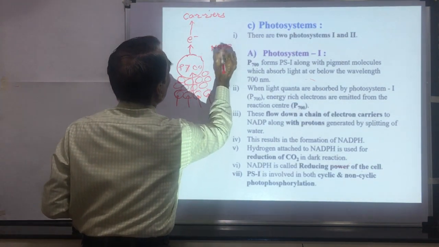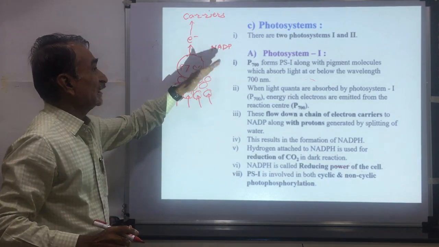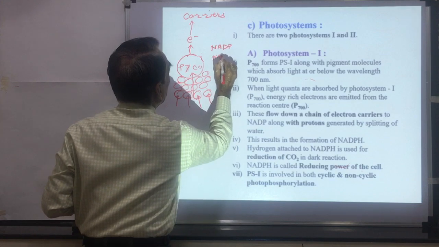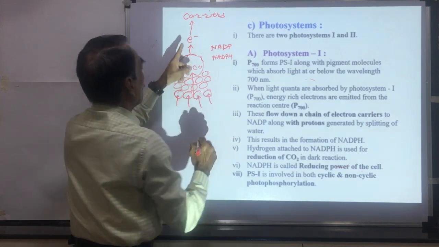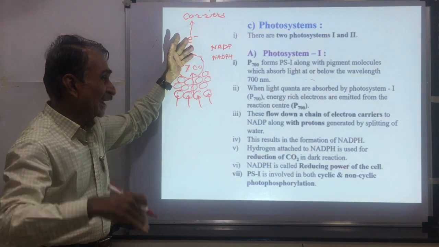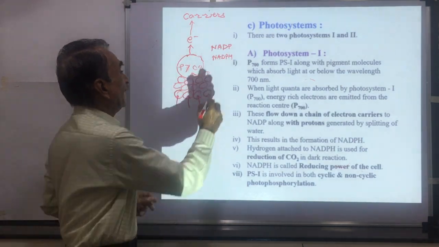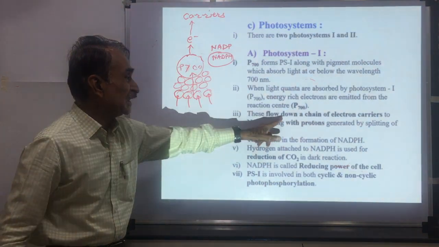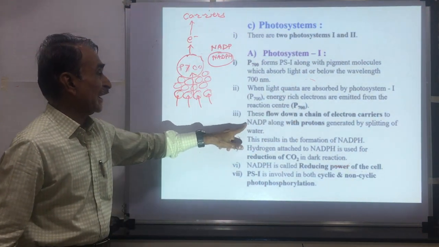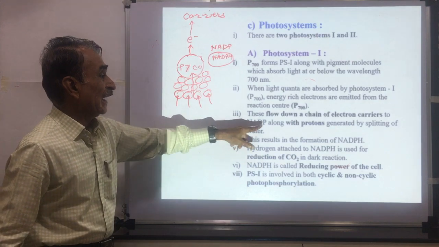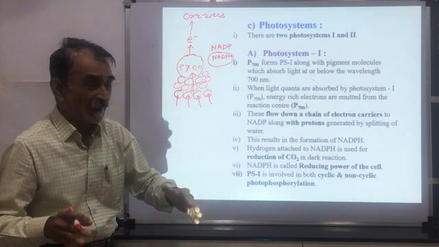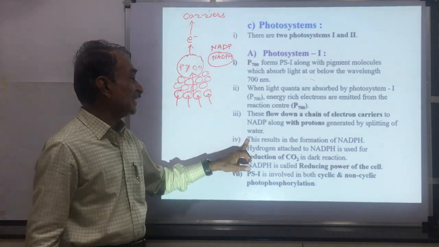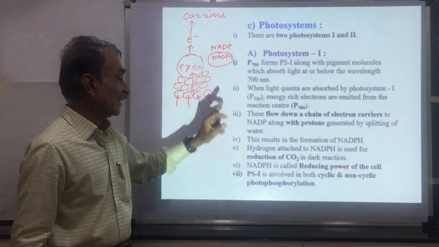These electrons are given to NADP and there is formation of NADPH. Electrons are given out, protons are added by photolysis of water, and there is formation of NADPH. This results in the formation of NADPH.